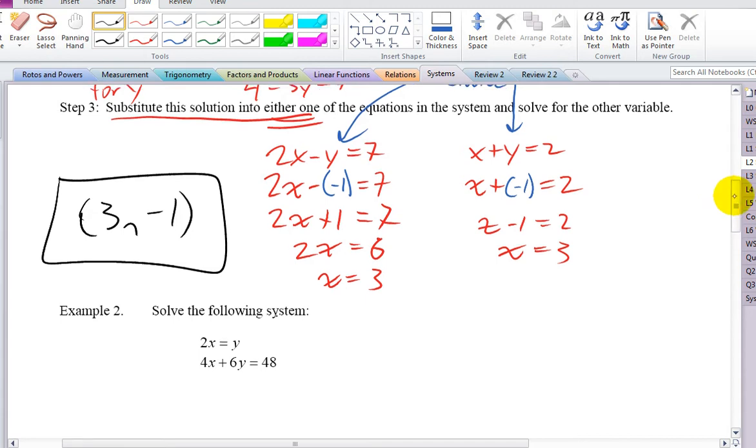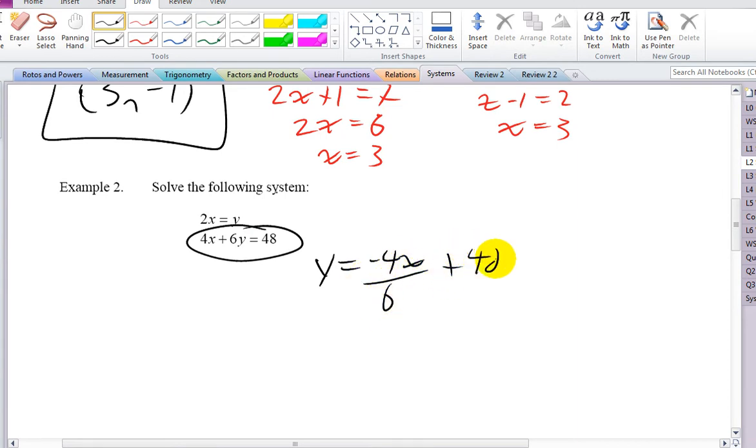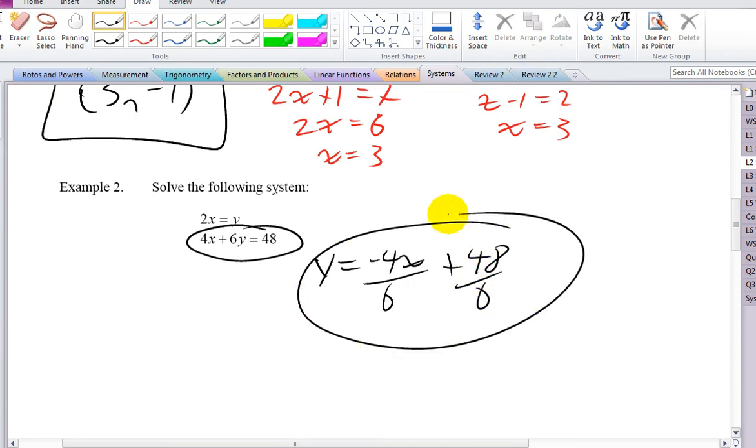Okay, continuing on then. 2x equals y. Which one should we substitute? Should we change all this one around and get y equals -4x divided by 6 plus 48 divided by 6? Does it make sense to do all this crazy work? No. Why?